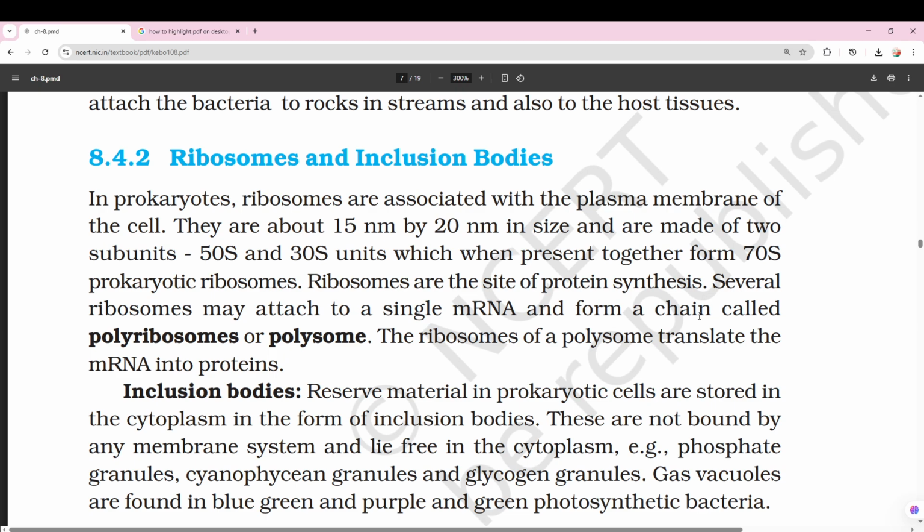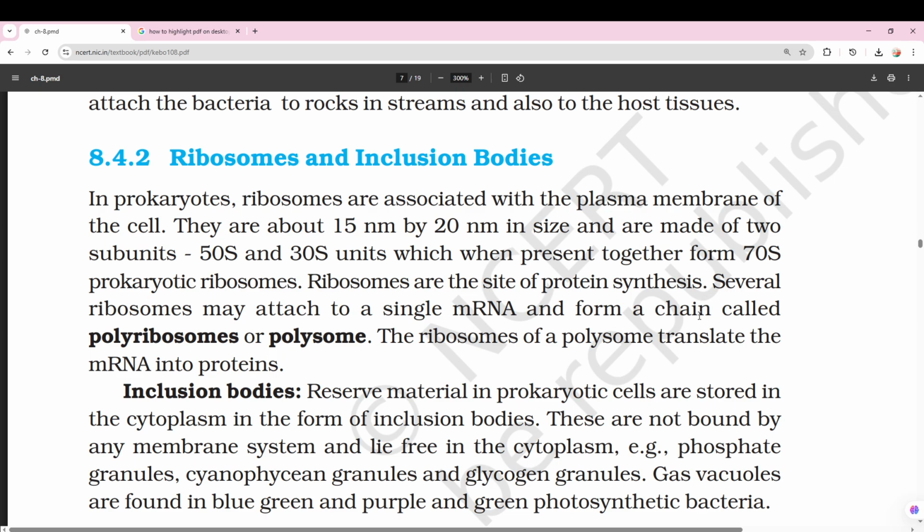Ribosomes are the site of protein synthesis. Several ribosomes may attach to a single mRNA and form a chain called polyribosomes or polysome. The ribosomes of a polysome translate the mRNA into proteins.